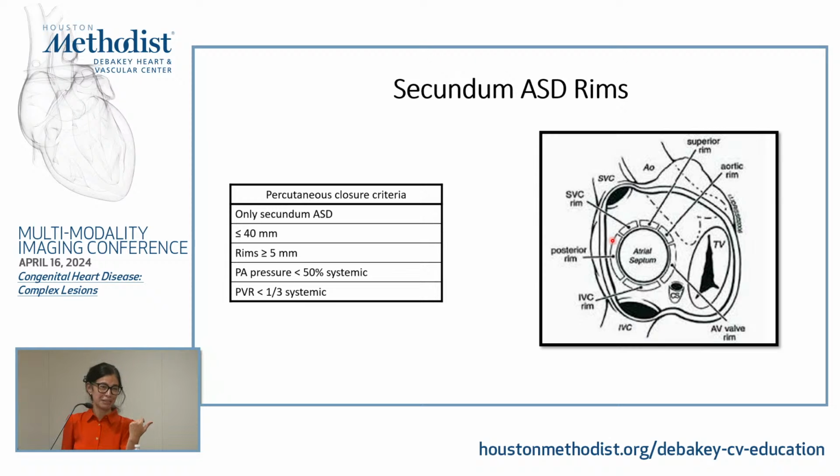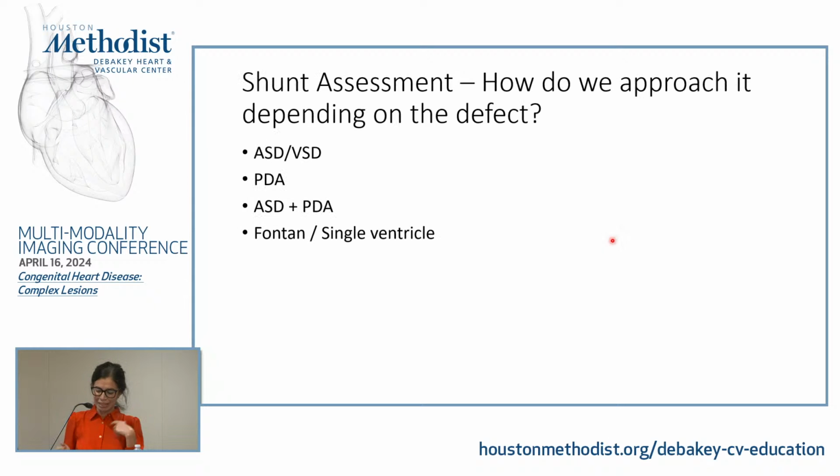It's very quick. Phase contrast can be obtained very fast in the MRI scanner. Okay, all right. So we talk about all this, and then the AV valve rims.